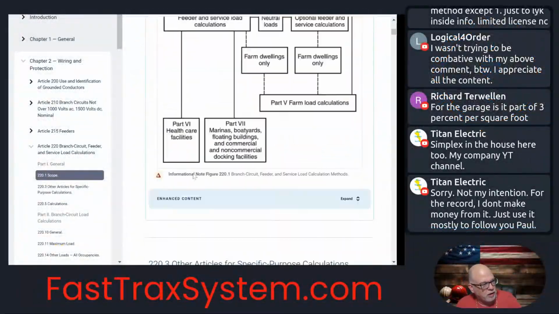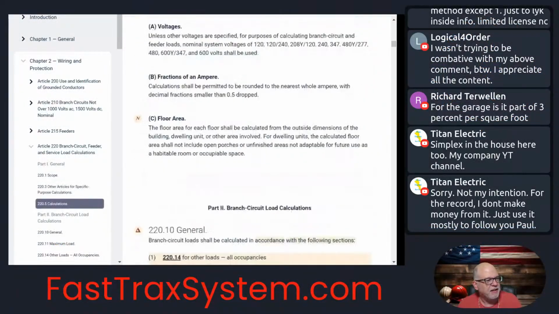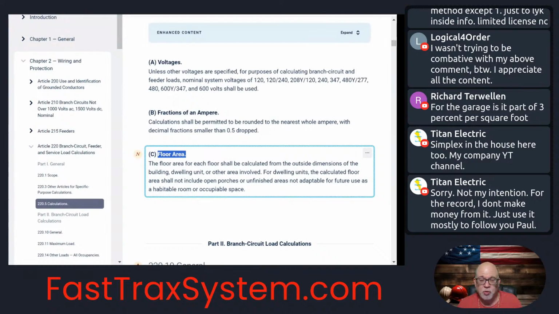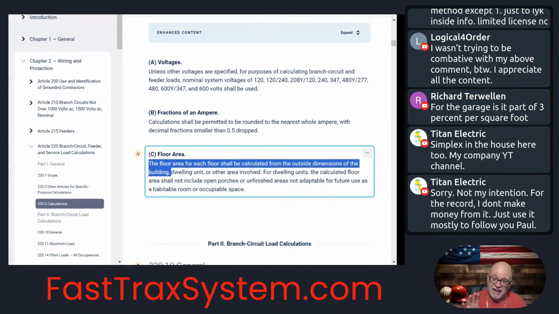In the 2023 edition, by the way, right here under 220.5 is where you get your floor area. Now, this is new for the 2023. This shows you that the floor area for each floor shall be calculated by the outside dimensions of the building. That's why in the exam, they're going to have to give you these dimensions. In our case, we gave you the dimensions, 35 by 55. That's the outside dimensions. You need that. If you're doing this in the real world, you've got to come up with these dimensions, and it's not necessarily the square footage.